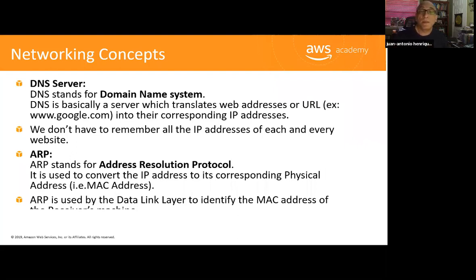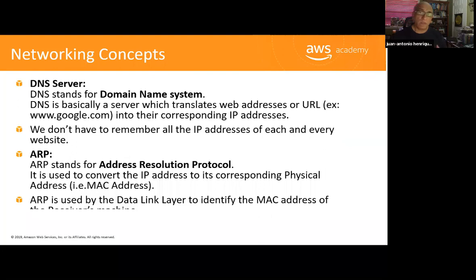The next protocol is called ARP, and it stands for Address Resolution Protocol. That's the one that converts the IP address into a physical address, a MAC address, so the two addresses can understand each other. The IP address is mainly used to get to the destination.